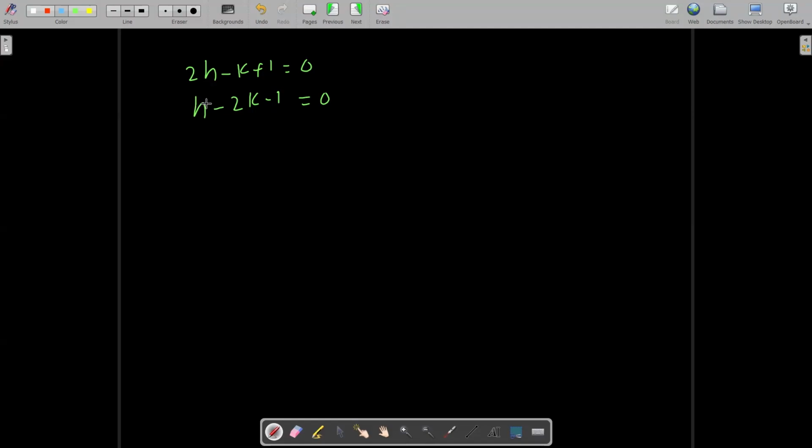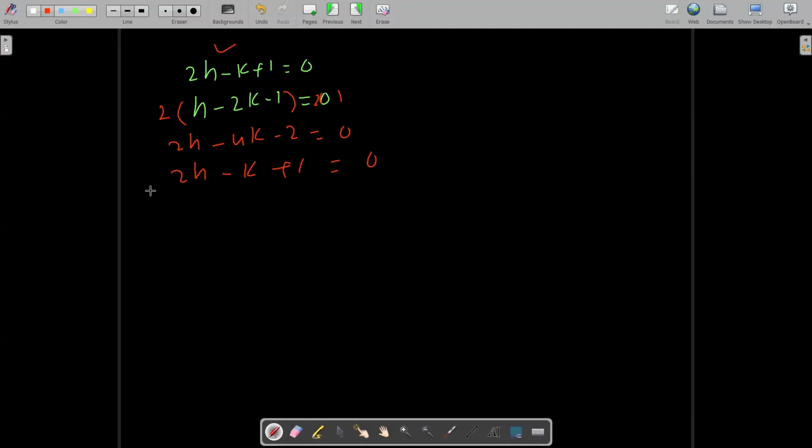So to solve these two equations, we can use the coefficient method. We can multiply the second equation by 2 on both sides. So it's going to be 2h minus 4k minus 2 equals 0, and the top equation is the same, 2h minus k plus 1 equals 0.